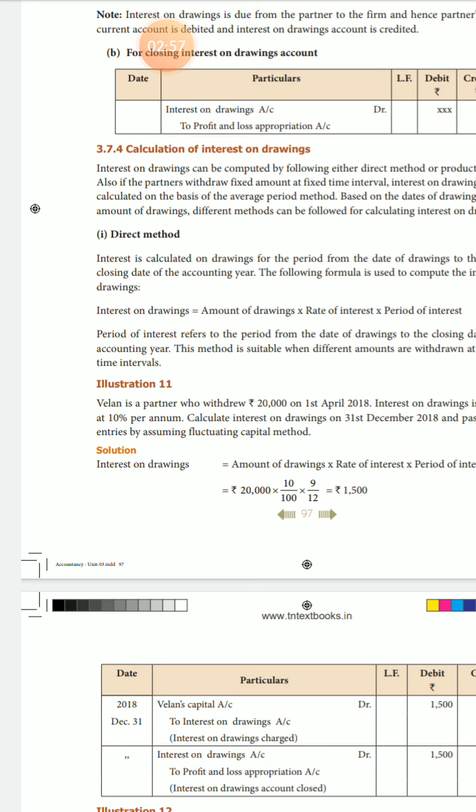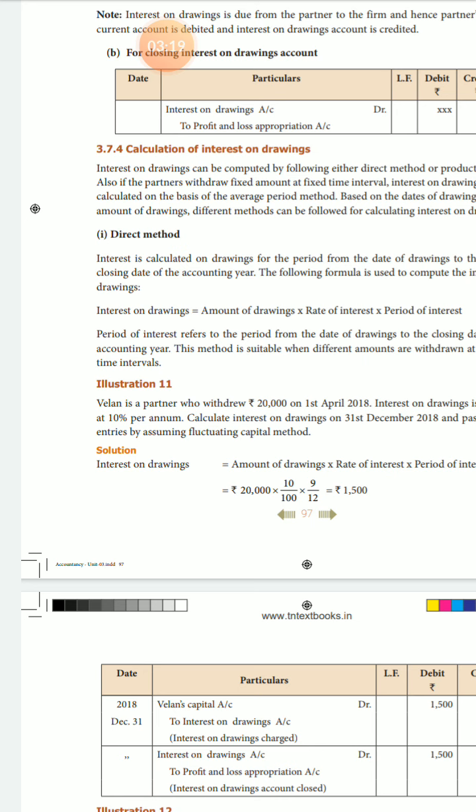This method is suitable when different amounts are withdrawn at different time intervals. The account tells which month you open and which month you close, and only those months are used to calculate the average period of interest.